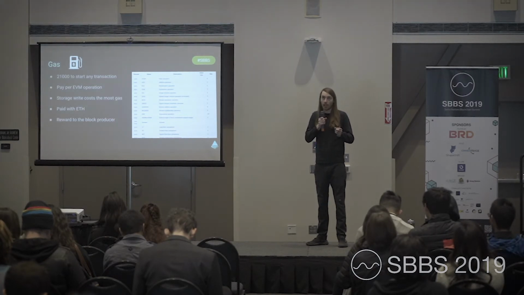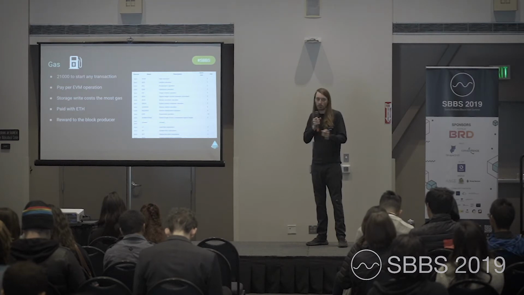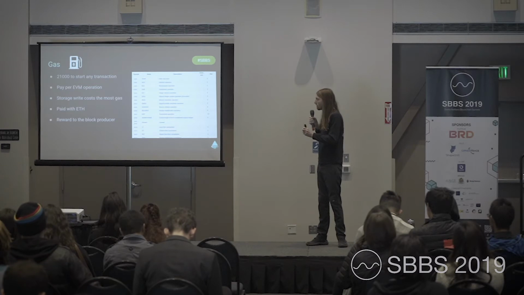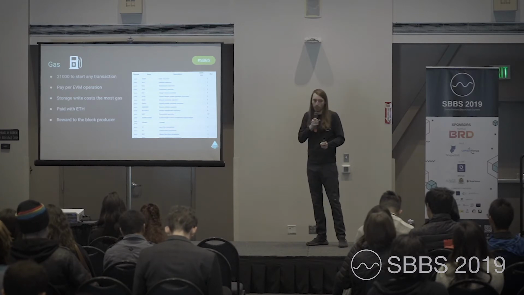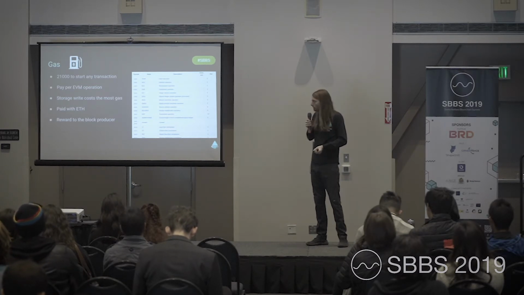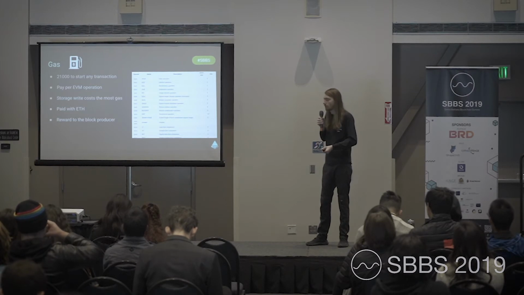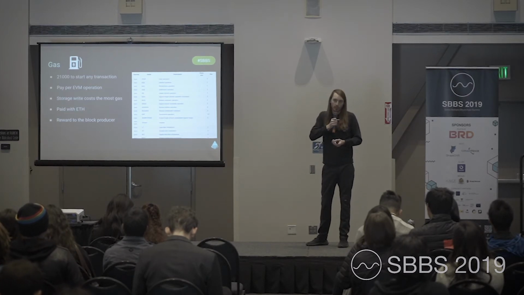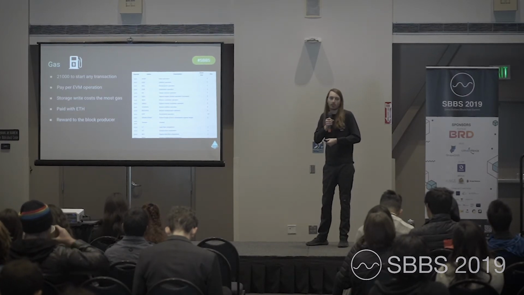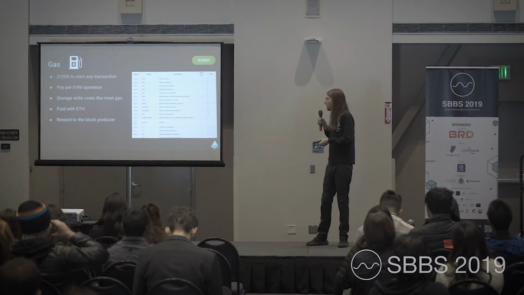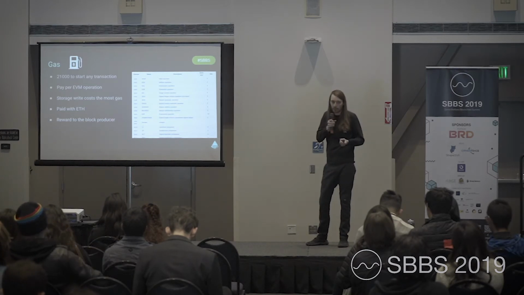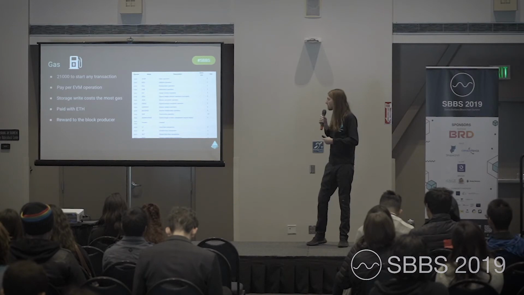We pay for gas with Ether, and the price of that determines how much Ether we're going to pay. So every transaction starts with a minimum gas requirement of 21 gas units. And then we're going to pay for every operation. I said that contracts are compiled down to machine code. Machine code is just basic: you have your arithmetic, so adding things together, dividing, and storage, and all these other things, comparisons, right?